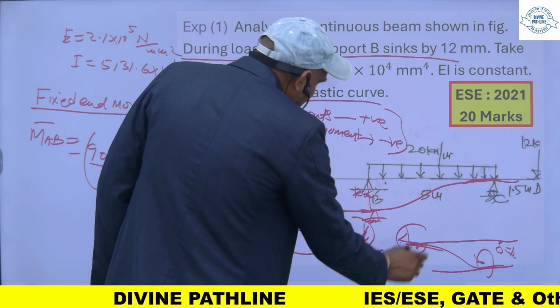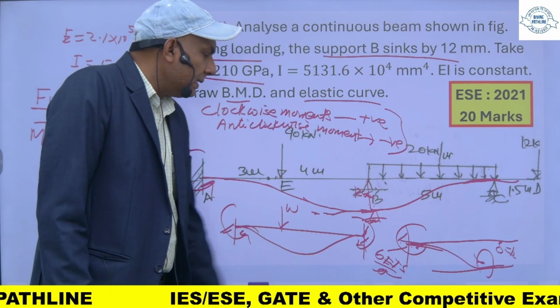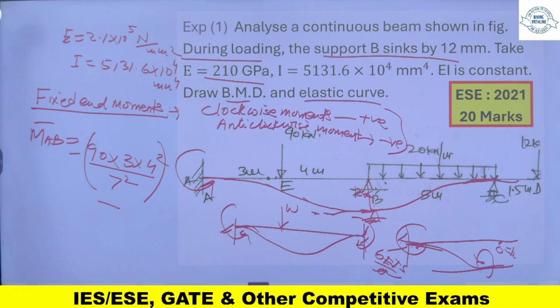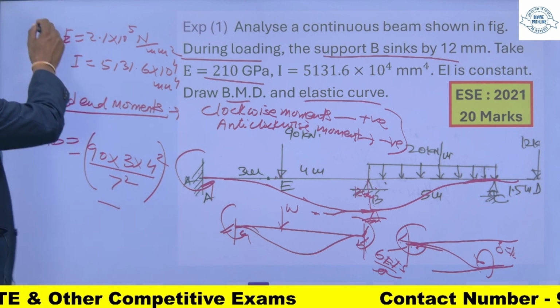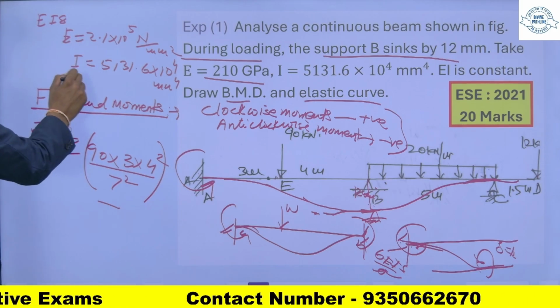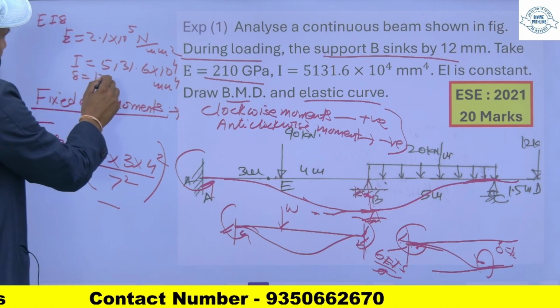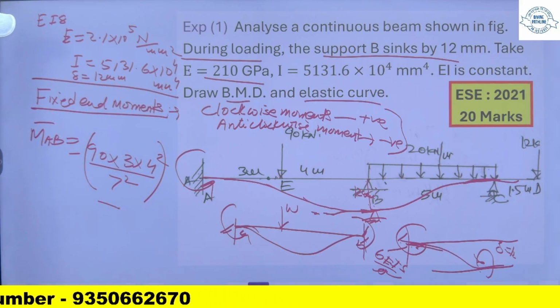This is the formula for fixed end moment because of the sinking, 6 EI delta upon L square. Let us calculate the 6 EI delta first. EI delta means EI into delta. Delta is 12 mm.